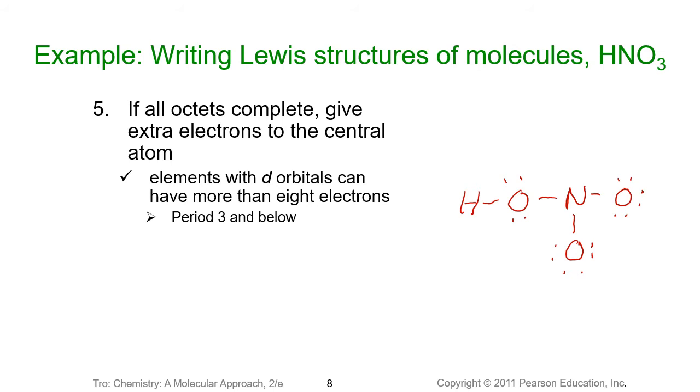So our oxygens and our hydrogen are all right. They have the amount of electrons that they want, but our nitrogen is not. We do not have any extra electrons to put on that central atom because we've used them all completing the octets for the outside elements.